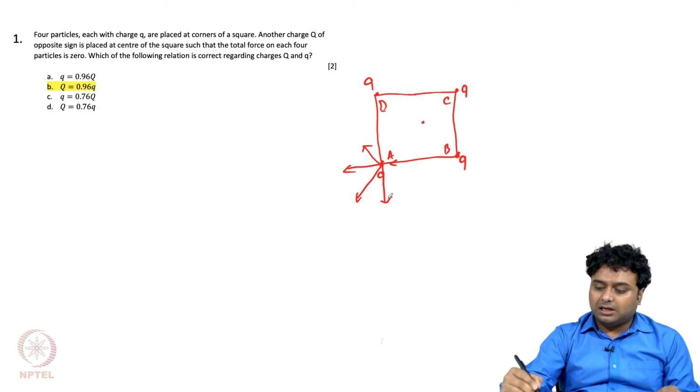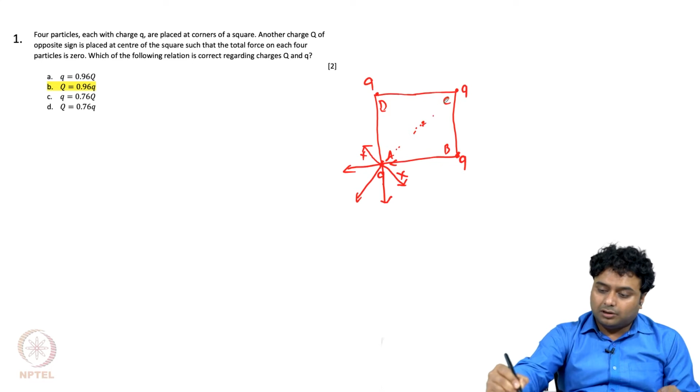Similarly, this force also has 2 components, one in exactly the same direction and another in the opposite direction. So, these 2 components cancel each other, and along the diagonal these components will add up.